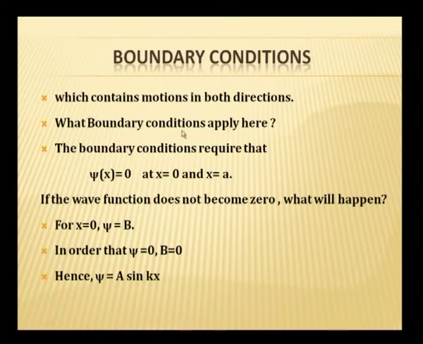What are the boundary conditions that should be applied here? This I made very clear. Psi should be equal to 0 at x equal to 0, and similarly at x equal to L, where L is the length of the box. Take the above solution and put x equal to 0. Sin 0 is 0, so the first term vanishes. Cos 0 is 1, so psi will be equal to b.